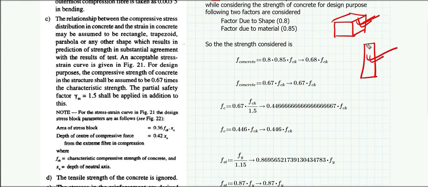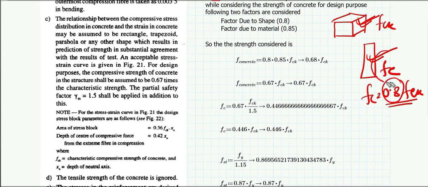There is a difference. Suppose this is FCK and this is FC, then it has been found that FC is actually less than FCK by a factor of 0.8. If you multiply the FCK value by 0.8, you get the strength of the member if its shape is cylindrical. So this is the shape factor.